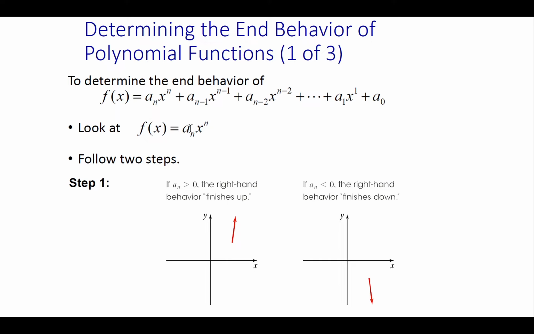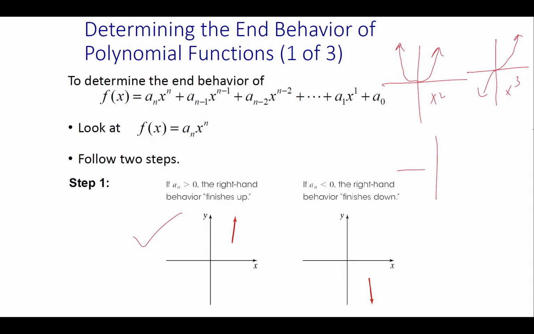So think about that. This is the graph of x squared, and this is the graph of x cubed. For both of them, if a_n is positive, the end behavior for the right hand side is going up. That is what it means. If a_n is positive, the coefficient is positive, then to the right it goes up.